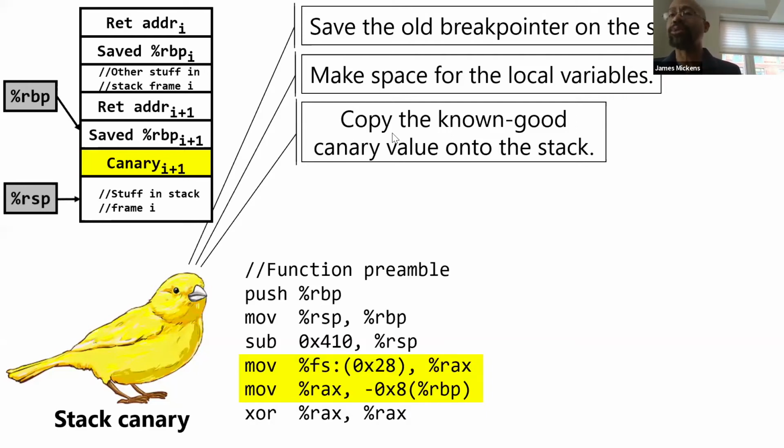Instead, the attacker will maybe jump to an arbitrary place in the middle of some function. And what if that place is an assembly instruction that, for example, loads the value of the canary into a register or loads it into memory, kind of like this instruction we're looking at right here? Well, if the attacker can stitch together a bunch of these gadgets, the attacker could try to use those stitched together pieces of code to then learn the canary. So we'll discuss some of that in more detail tomorrow.